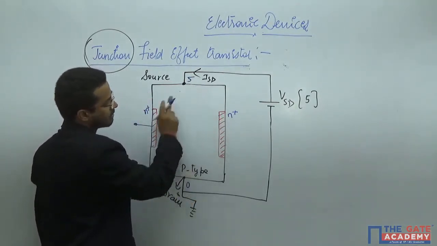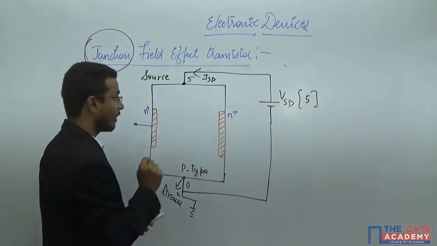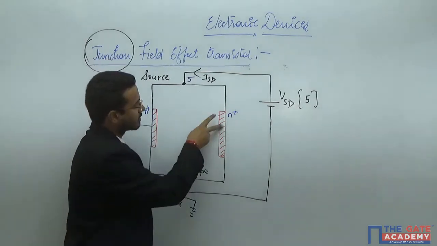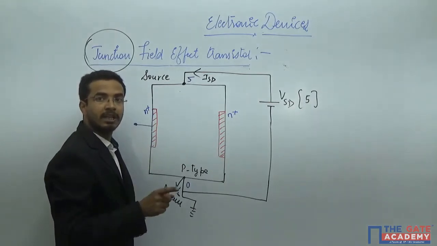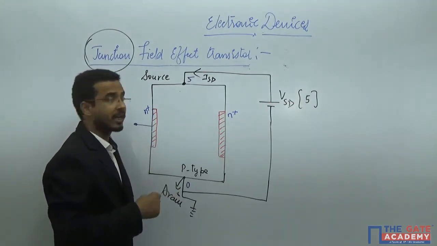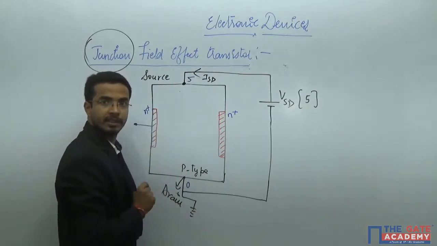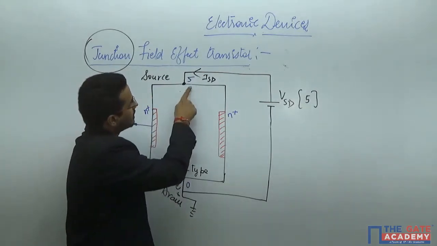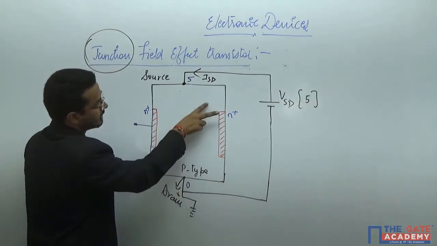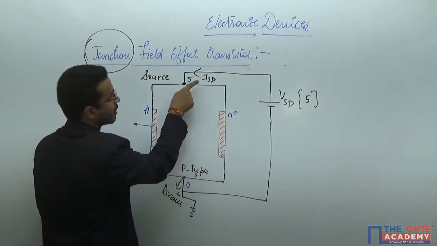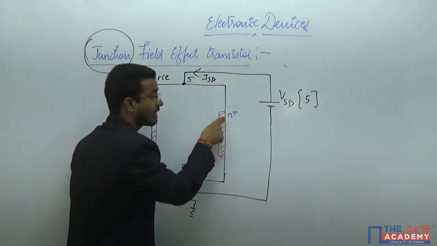Now tell me one thing. Can you do this? Because all the time you are trying to achieve the current from source to drain or drain to source. Yes or no? But if this happens, you will see there is a forward bias junction, because this P type is at higher potential than the N type.